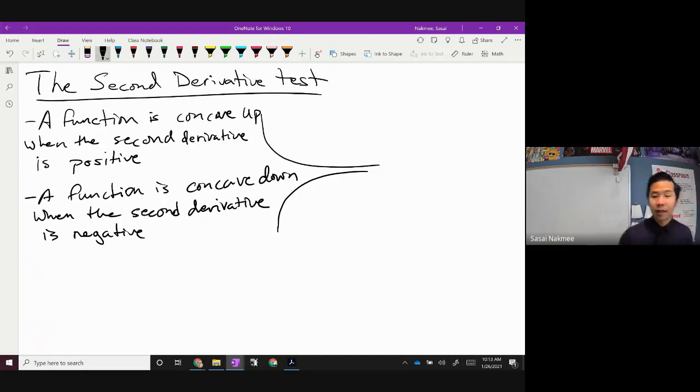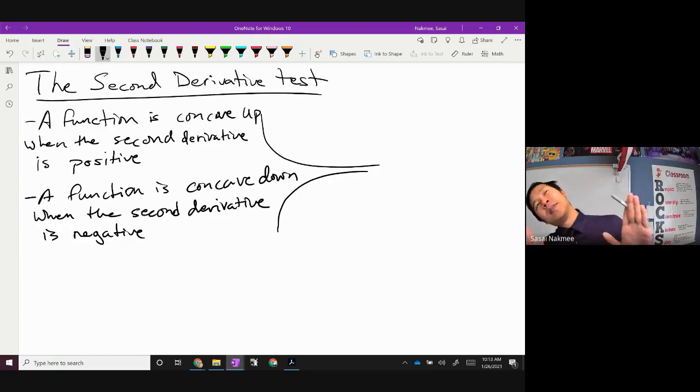That's pretty much it. If the second derivative is positive, it's concave up. If the second derivative is negative, it's concave down. So you can have a combination of things, where the first derivative is positive and the second derivative is negative. You get really interesting shapes, right?